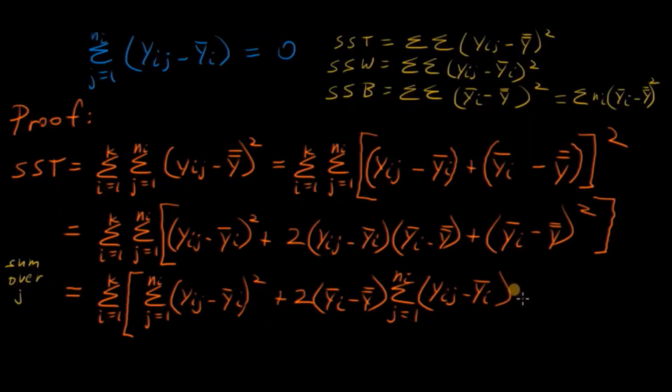And actually, at the same time, we've already seen that when I sum this thing over j, which doesn't have a j in it, then we can actually turn that into this.